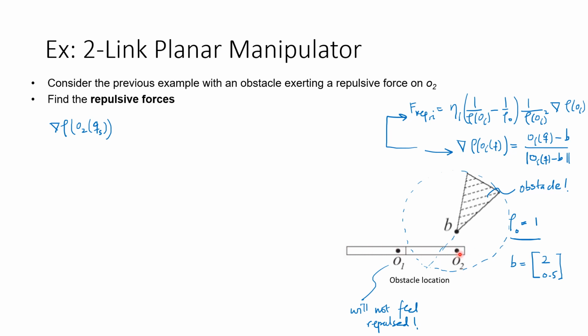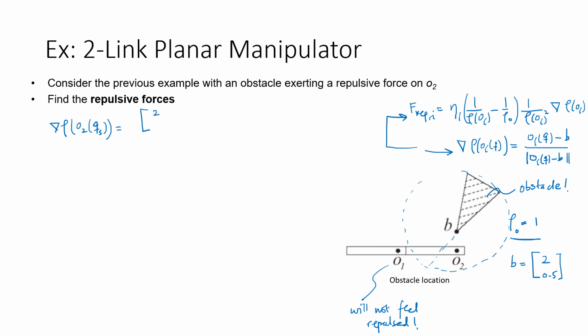So at this particular initial instance, I'm computing this repulsive force. This is going to be equal to, now I need O2 at QS minus B. Let it be written down where this O2 is, and O2 I've already computed.